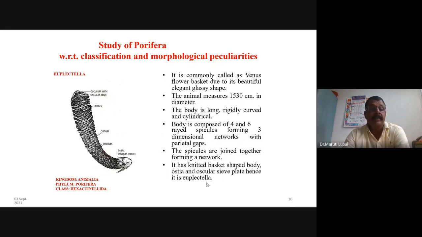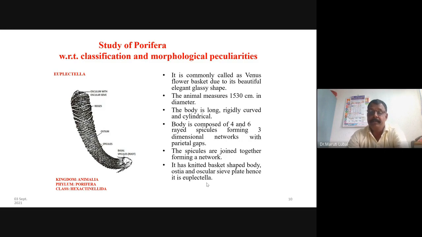Next porifera animal is Euplectella. It is commonly called Venus flower basket due to its beautiful, elegant, glassy shape. The animal measures about 15 to 30 centimeters. The body is long, rigidly curved and cylindrical.